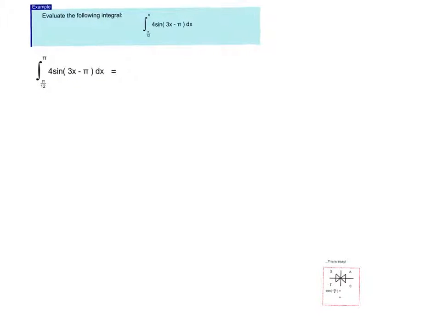So we are going to evaluate the integral of 4 sine(3x minus pi) with respect to x between the limits of pi and pi over 12.